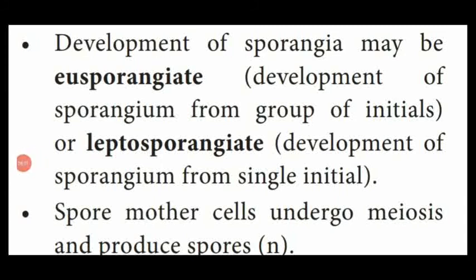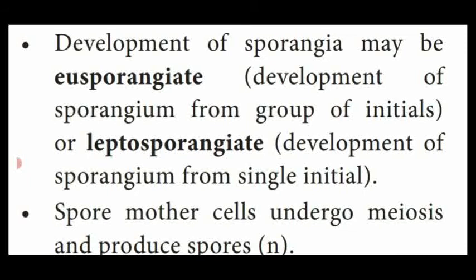The next characteristic feature is eusporangiate and leptosporangiate. This is also an important differentiate between question. The development of a sporangium from a group of initials, that means a number of cells producing the sporangium, is known as eusporangiate type.